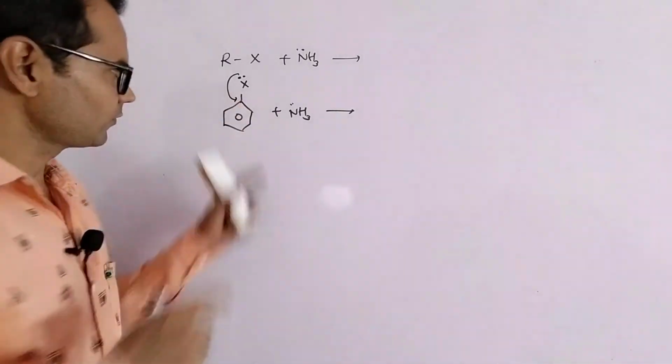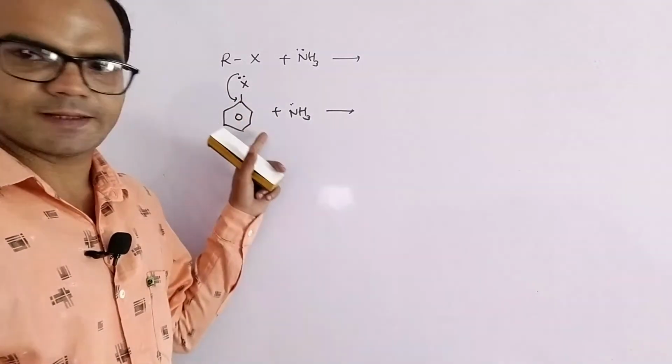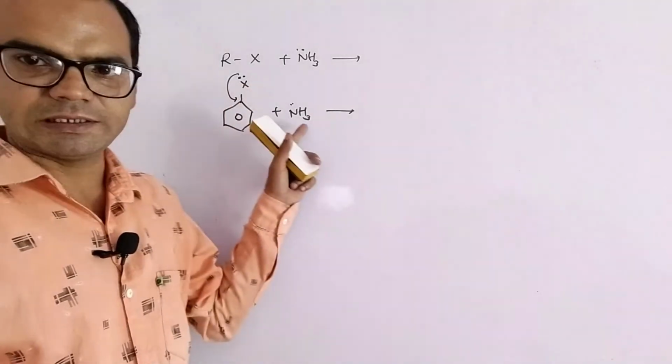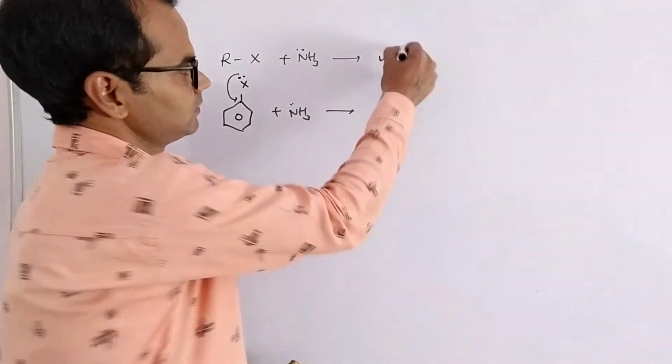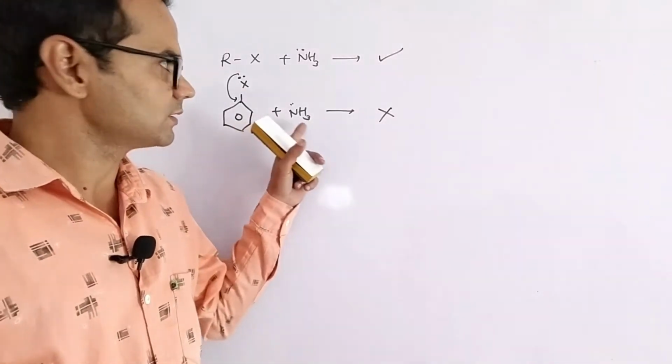So they are more stable or less reactive. So the carbon halogen bond will not be cleaved by ammonia. So aromatic compounds or aniline can't be prepared by Hoffmann ammonolysis.